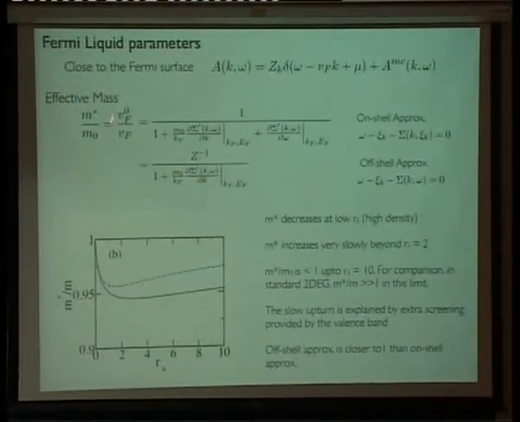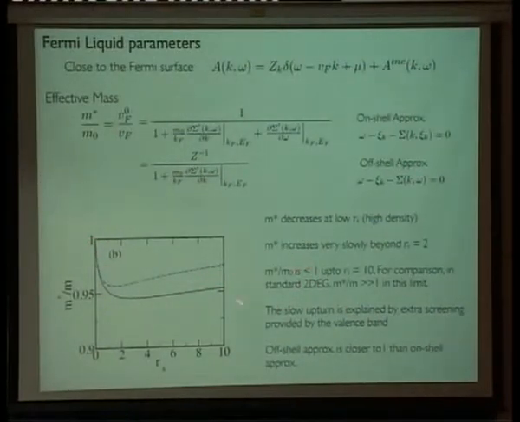You can also calculate the effective mass, which is the slope of the dispersion. For technical reasons, there are two different approximations one can do. I will not go into the details. But again, you look at the scales: m star over m of 1 is basically the free Fermi gas, and it's going up to maybe 0.95.